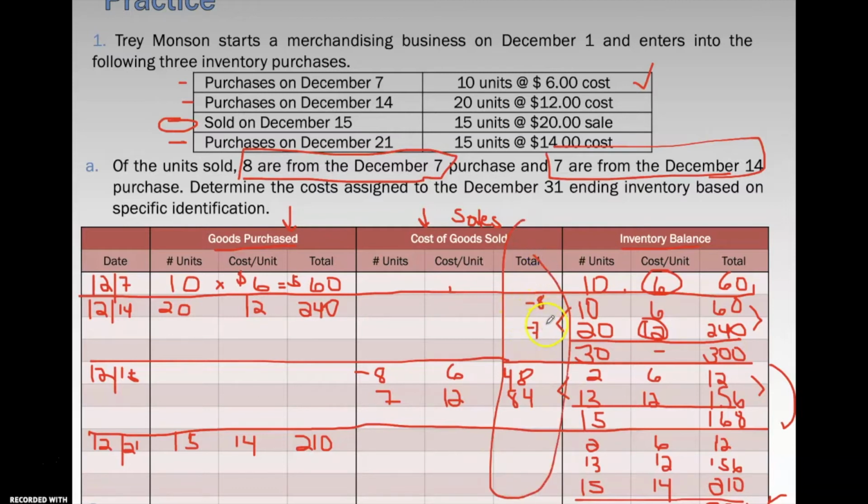Remember, this -8 and -7, I just put in to help you, but that's not part of the column. So it's 48 and 84. That's what we sold, 48 plus 84. So my cost of goods sold is $132. The inventory I still have is worth 378 to me.